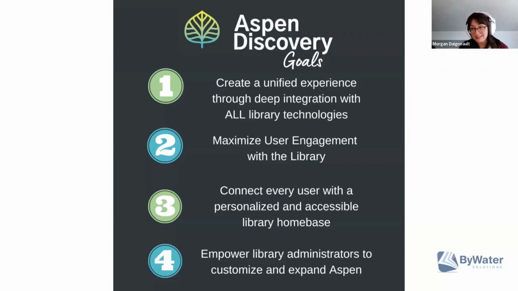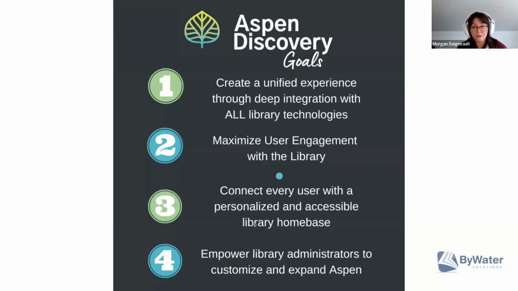The second goal is maximizing user engagement with the library. So this means that whether you have a patron that just walked in the door and they've never used your library before, to the power user who lives on your catalog, to the user who only wants to do everything on their phone, we want to make sure, no matter who they are, we have options for everyone and that each user has access to the information and services that they're looking for.